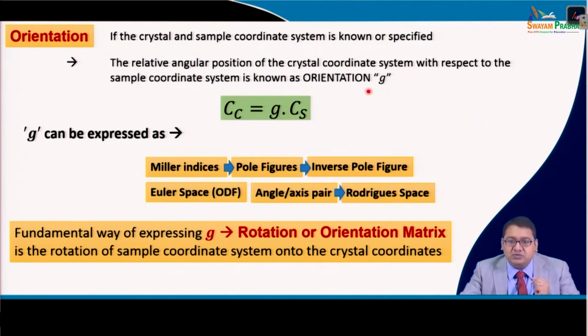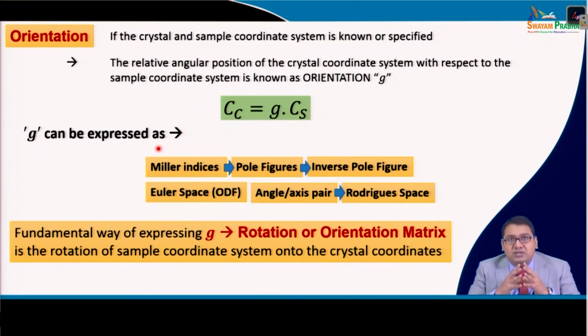Usually we show that by G. So, the relationship between the crystal coordinate system, Cc, is equal to G, which is the orientation, times the sample coordinate system, Cs. G can be expressed, the most basic way being using Miller indices.